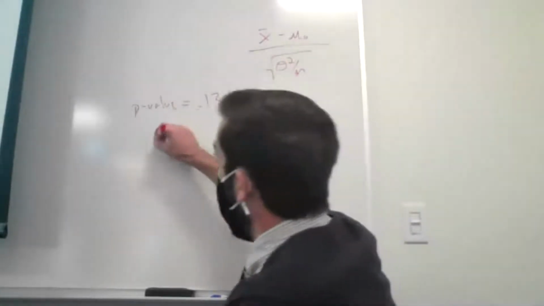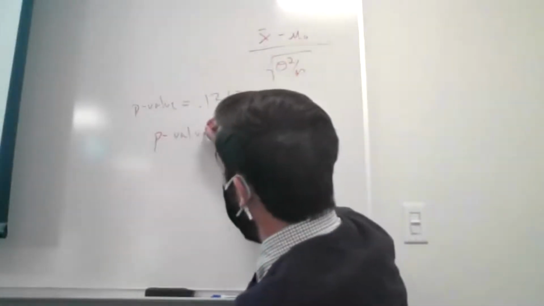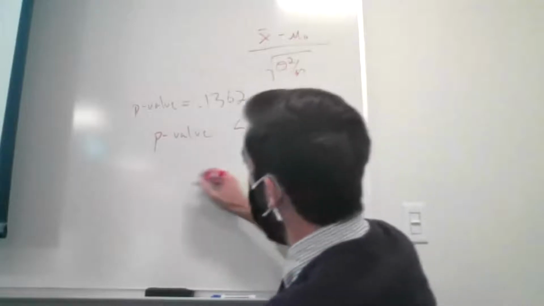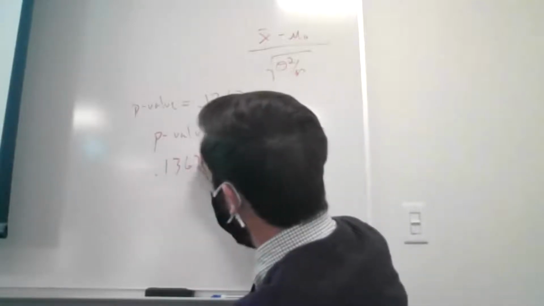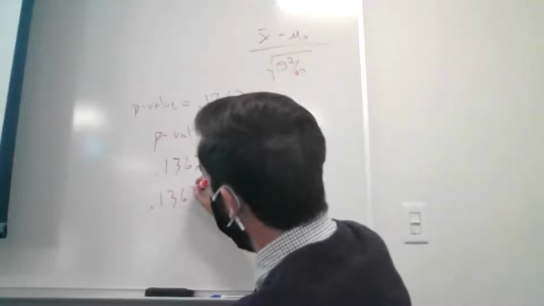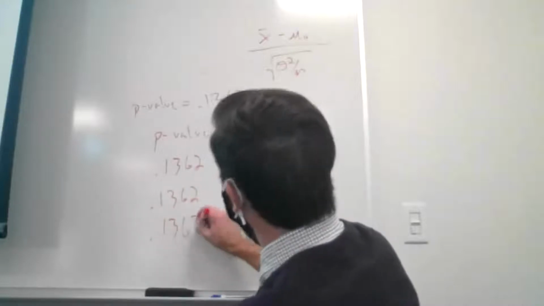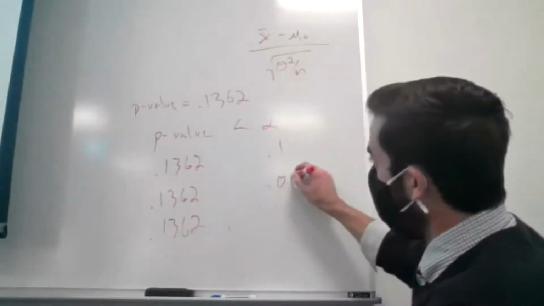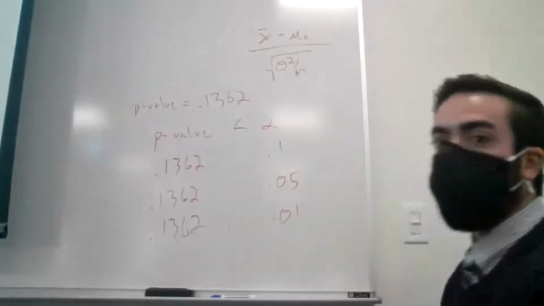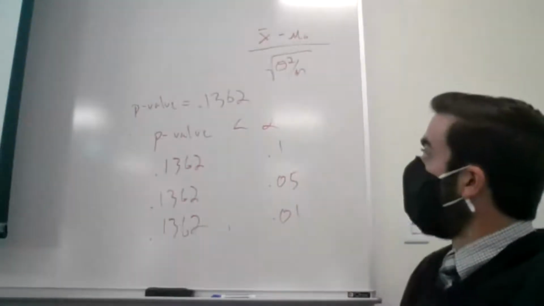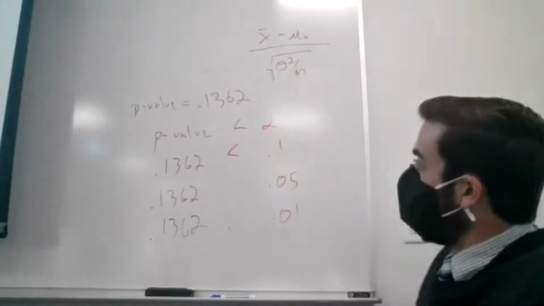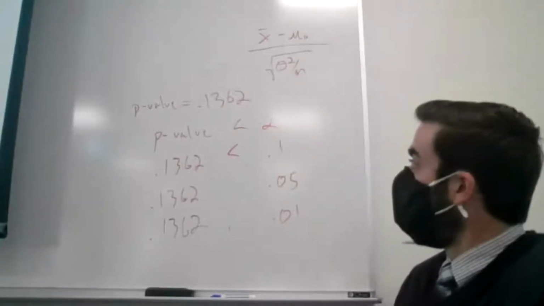So we only reject if our p-value is less than alpha. So one way that you could set this up, write down your p-values and think about the 3 different alphas that we typically check against. Okay. Here is my p-value less than 0.1?